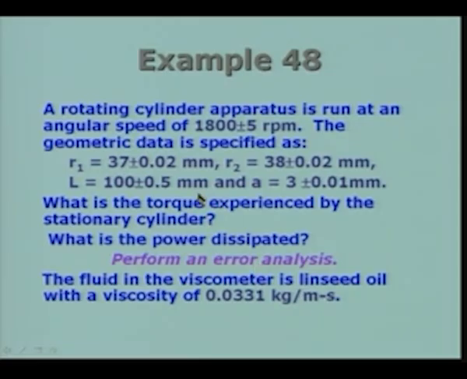The error analysis is to bring out the effect of these plus or minus 5 RPM, plus or minus 0.02 mm, plus or minus 0.01 mm, and plus or minus 0.5 mm. These are the errors in the various measured quantities, and we would like to find out how the torque experienced by the stationary cylinder as well as the power are affected because of these measurement errors.